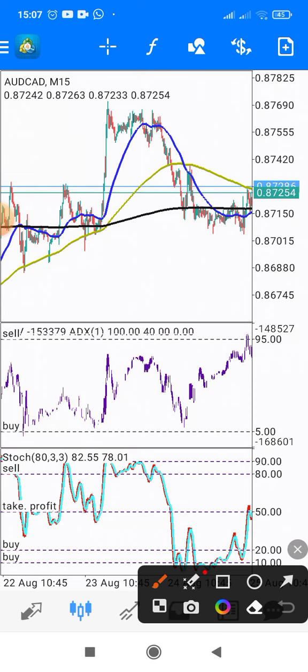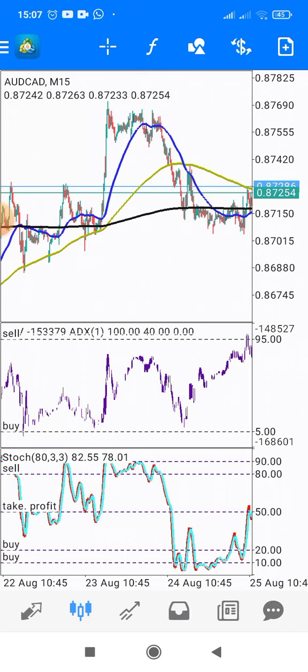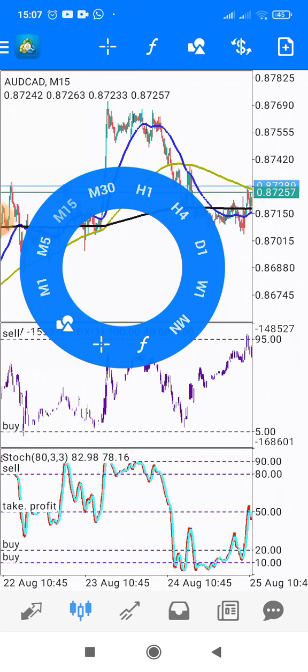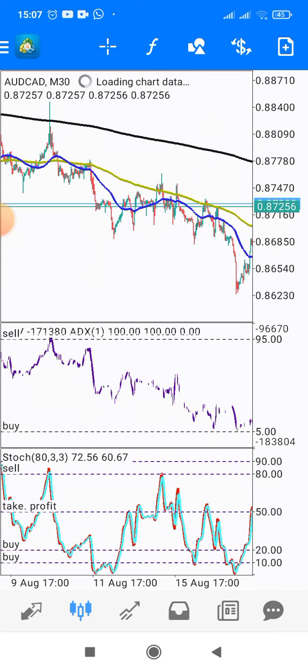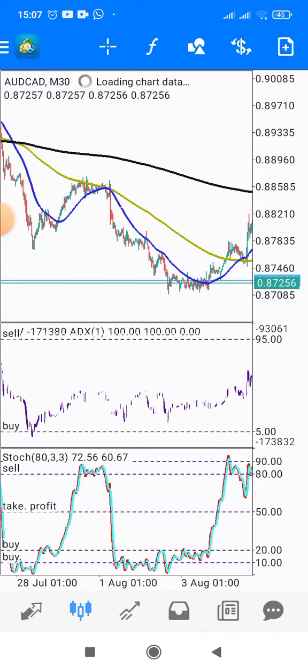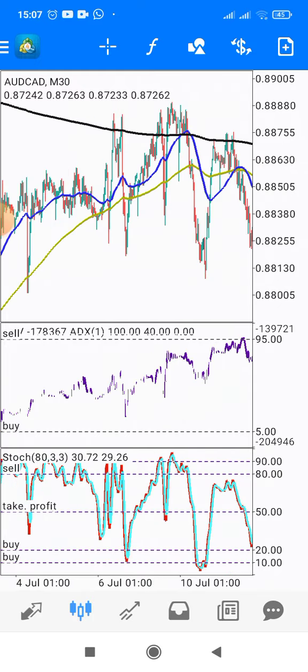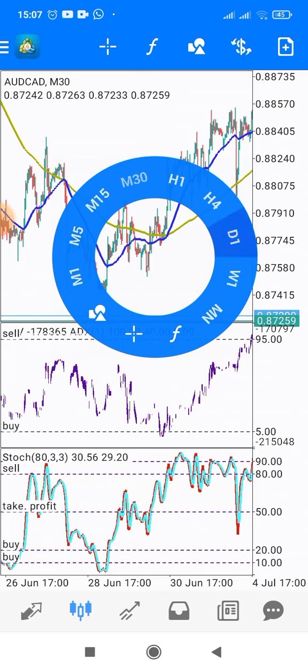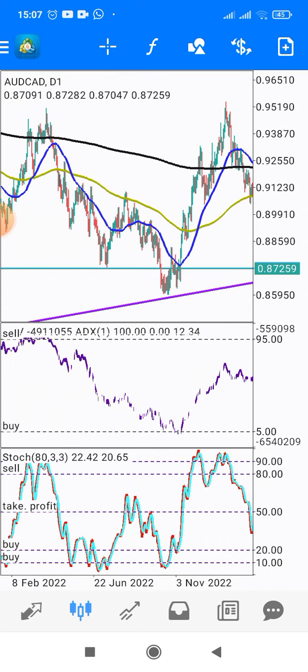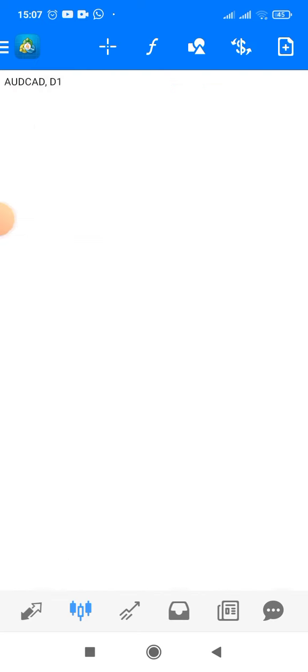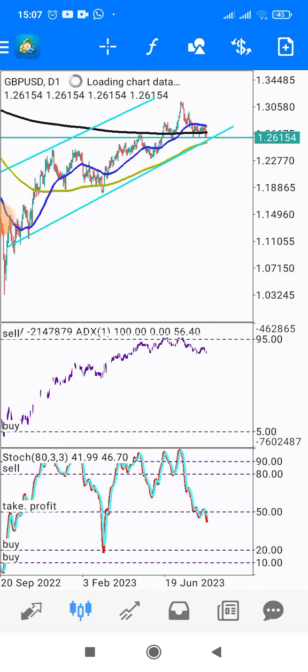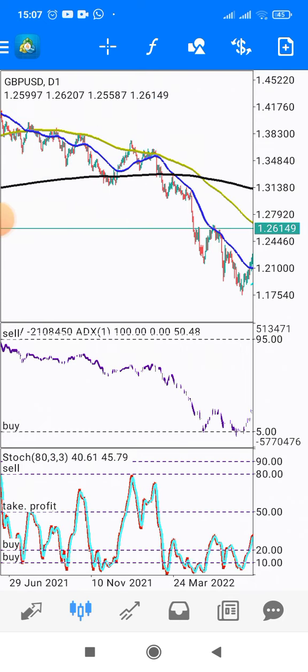Allow me to take you through different time frames. This is Australian dollar against Canadian dollar, on a 30 minutes chart. Let us use a different currency. This is GBP USD, a daily chart.